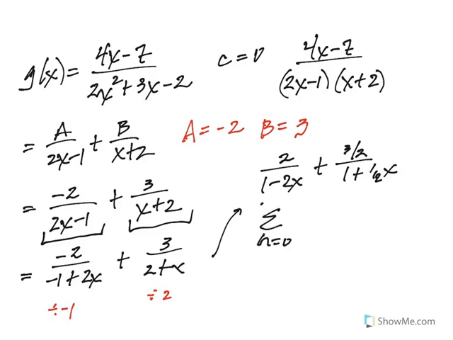So my first power series goes from 0 to infinity. This is going to be 2 times (2x)^n. This one's going to be 3/2. And again, I'm moving my a sub 1 out to the front. Does not impact intervals of convergence.